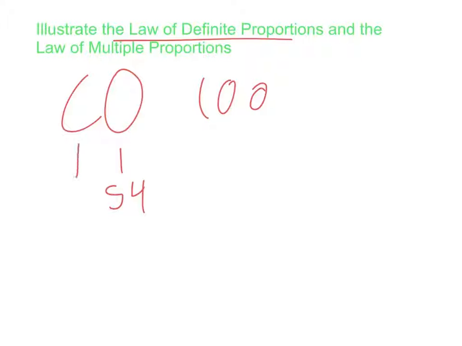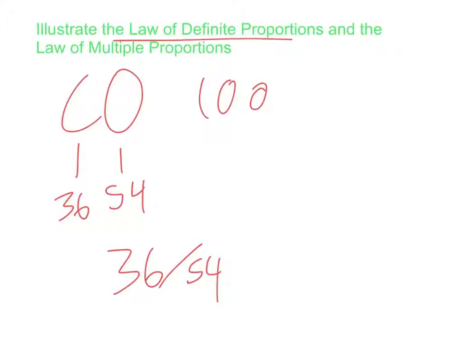So if you had, say, carbon and oxygen, and 100 grams of this, and the masses were 54 and 36, they would always stay in a proportion of 36 to 54.